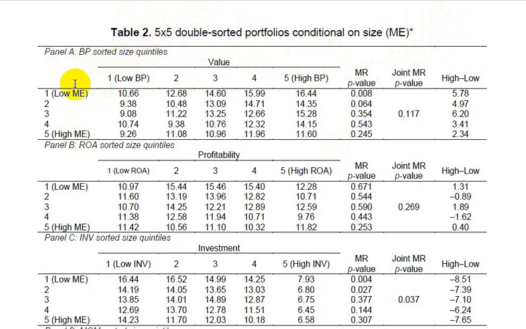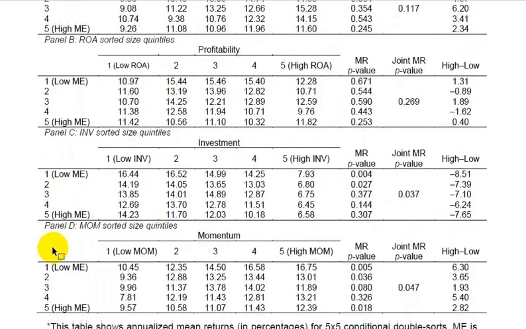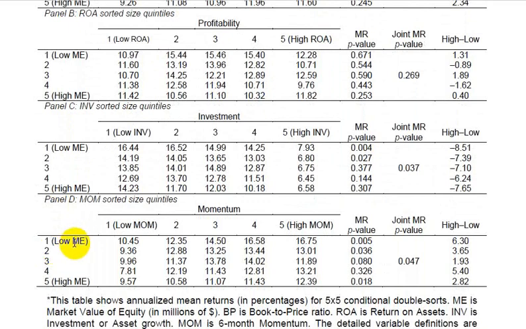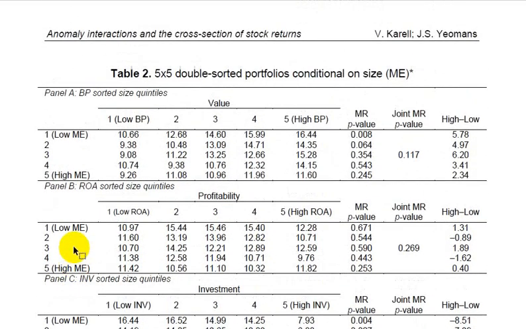For instance, each of these little tables has the size factor, which is the market value of equity, split into quintiles. And then each of the different tables has a different remaining factor, for instance the value factor, profitability factor, and investment factor, and these are split into quintiles as well.